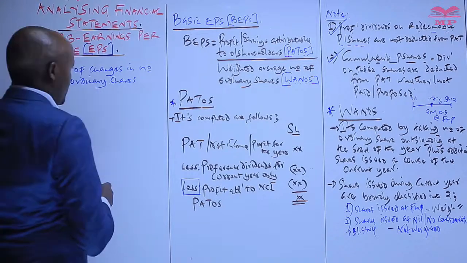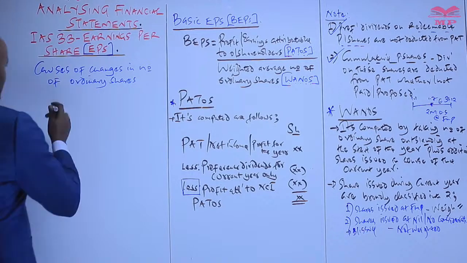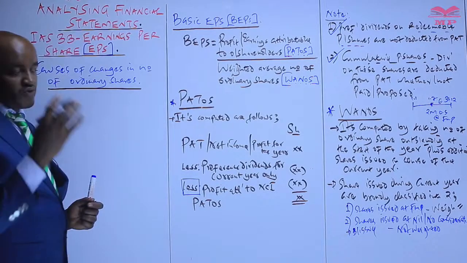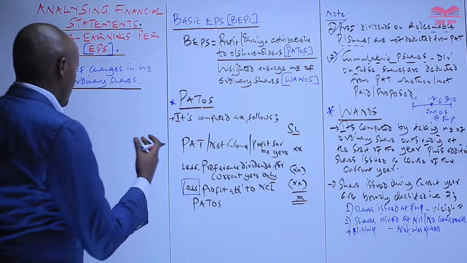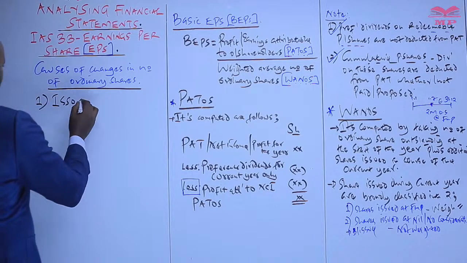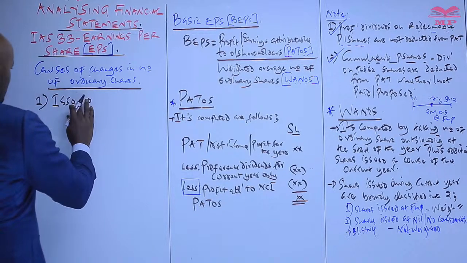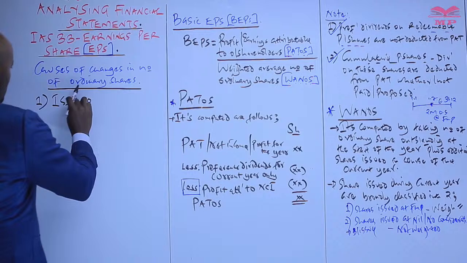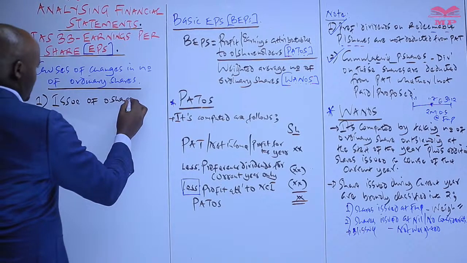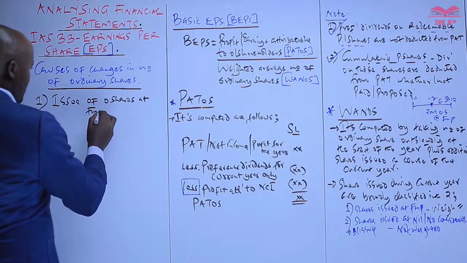The number of ordinary shares issued by the company at the start of the year may change due to a number of reasons. Number one is due to issue of ordinary shares at full market price.